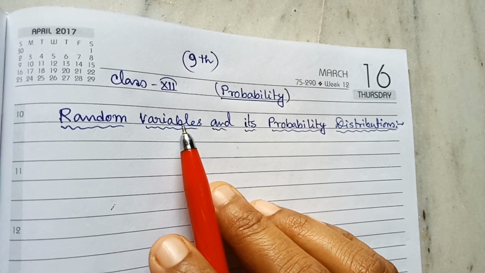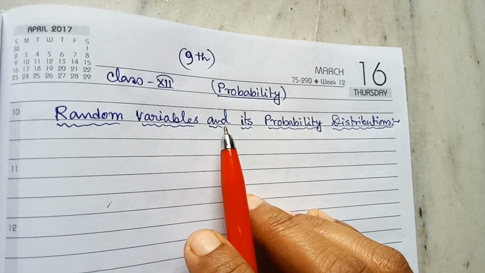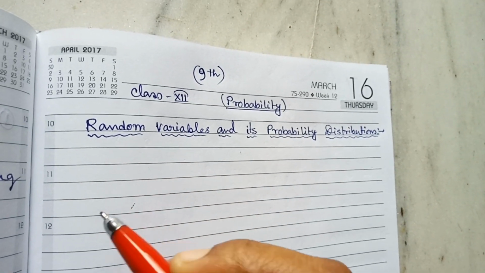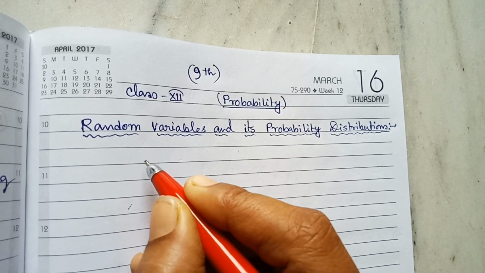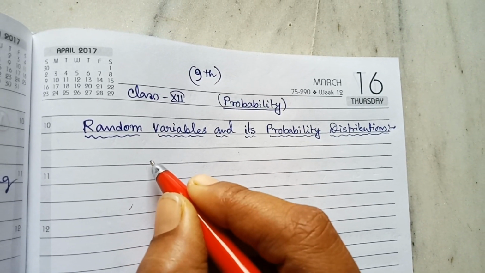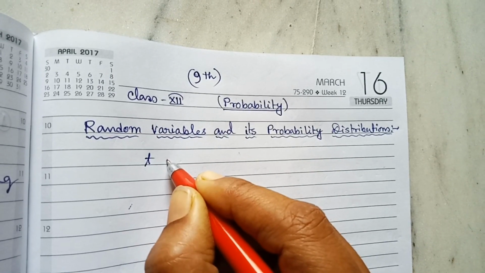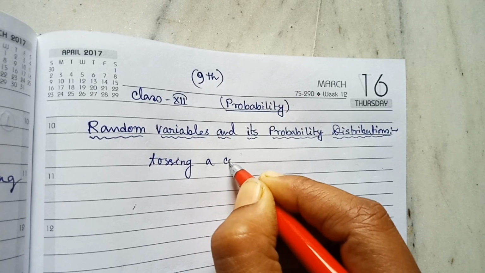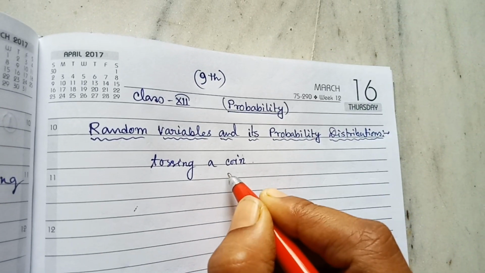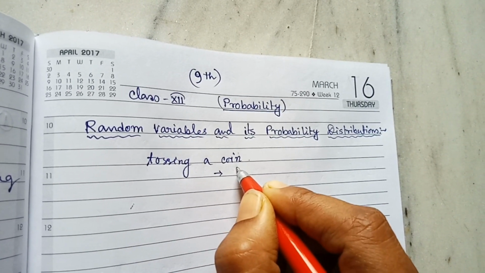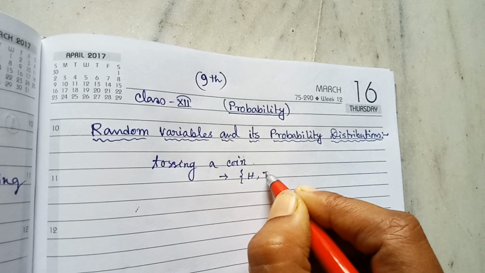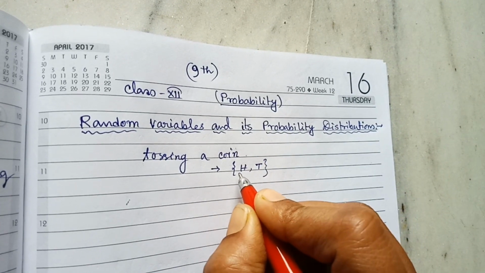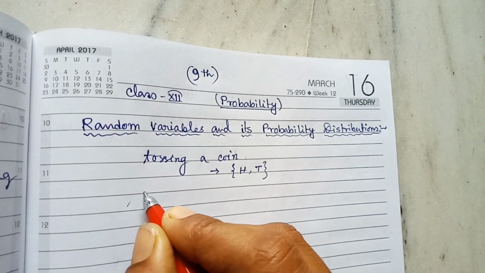Now before we go to this particular topic, I just want to share with you some examples. You all know that when we do an experiment, suppose a coin is tossed, then normally we have seen how many outcomes there are and which they are, like head and tail. Then suppose throwing a die.